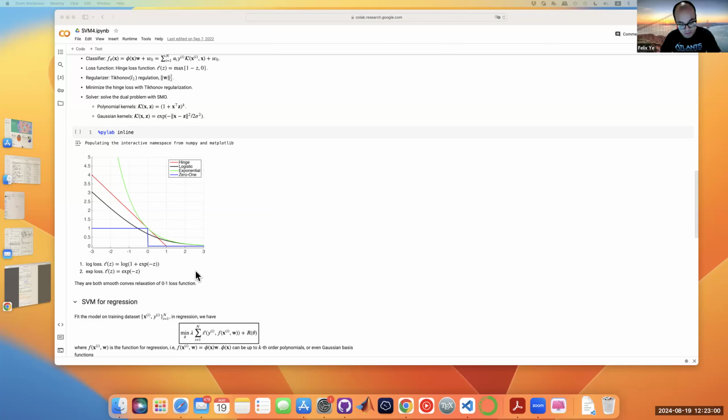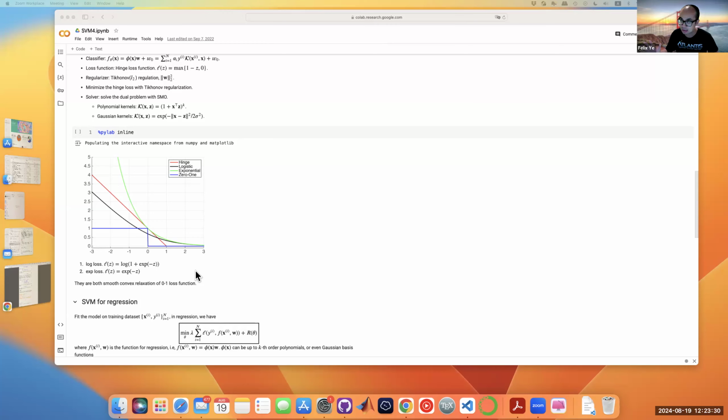But the hinge loss is something that can be solved with subgradient. It's not precisely smooth. It's a convex relaxation, but not a smooth convex relaxation of the 0-1 loss.